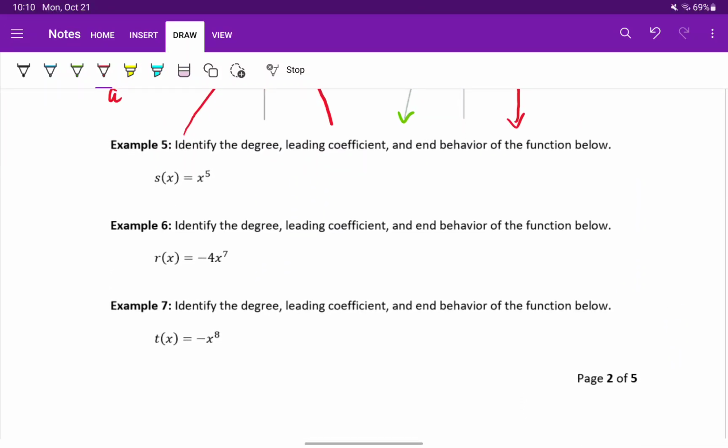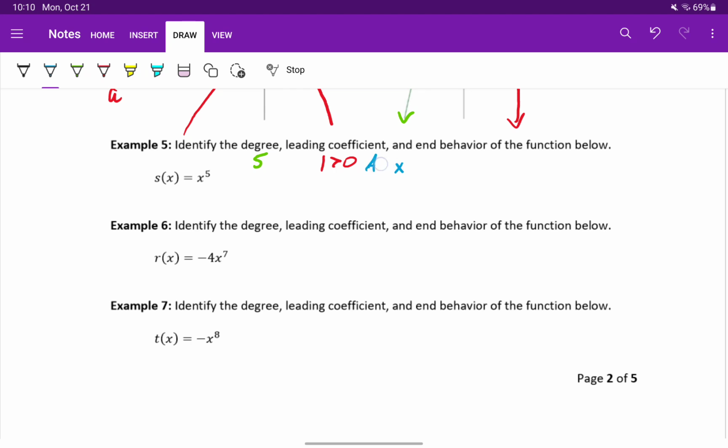So in examples 5, 6, and 7, we can use that information, those patterns, to identify the end behavior of each of these functions. Function s of x is degree 5 with a leading coefficient of 1, which is greater than 0. Since it's an odd degree, they're headed in opposite directions.